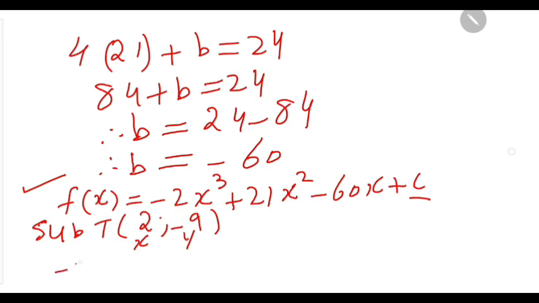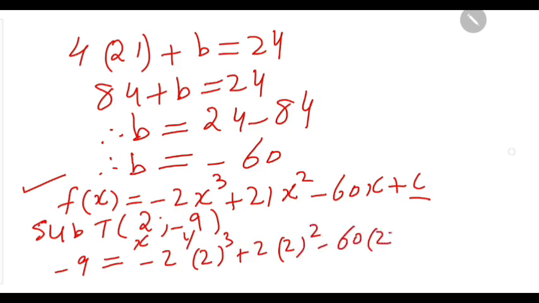So it's going to be -9 is equal to -2 times 2 to the power 3 plus 21 times 2 to the power 2 minus 60 multiplied by 2 plus c. Now I'm going to use the calculator one time. So I use the calculator. Answer is -9 is equal to -52 plus c.